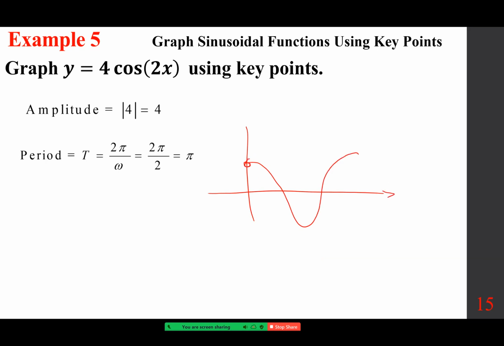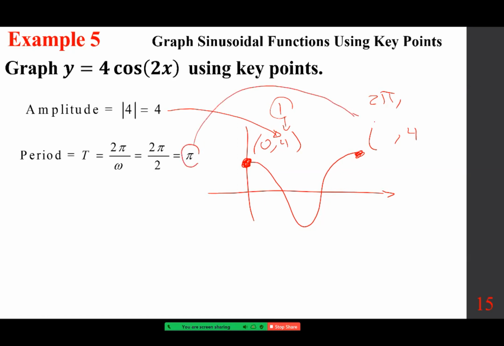So the point that was 0, 1 is now going to be 0, 4, right? That's the idea, 0, 4. And therefore, the end of the cycle is pi, comma 4.